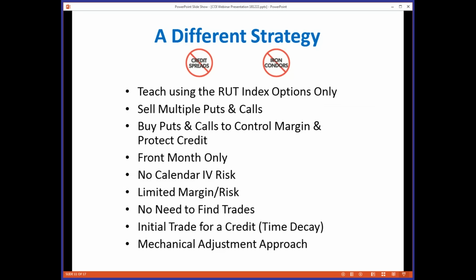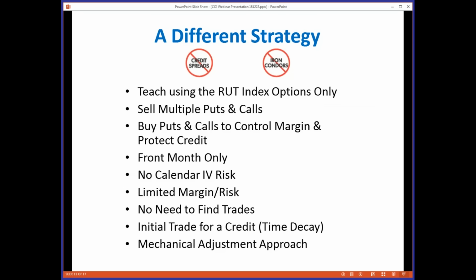It's a very pragmatic approach. There's nothing computer generated or computer tested about it. It's just a very straightforward, simple approach. And I prefer to use the RUT cash index options, but I have a lot of traders tell me that they're doing just as well trading SPX and markets like that. So again, there's nothing curve fitted about it.